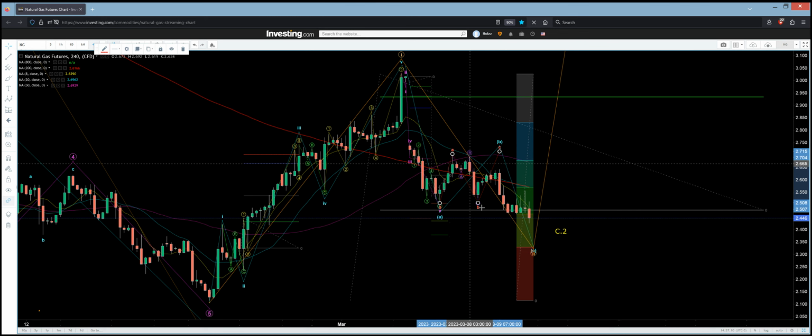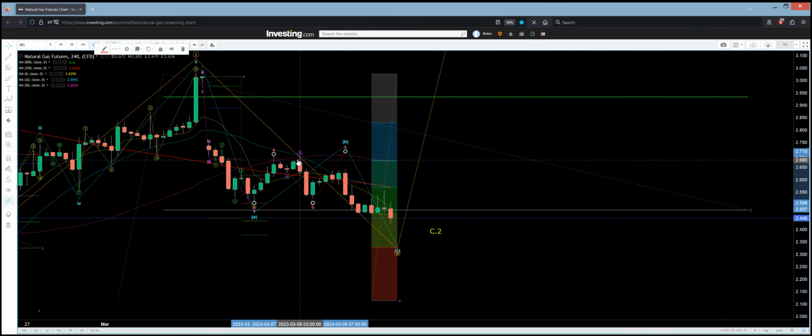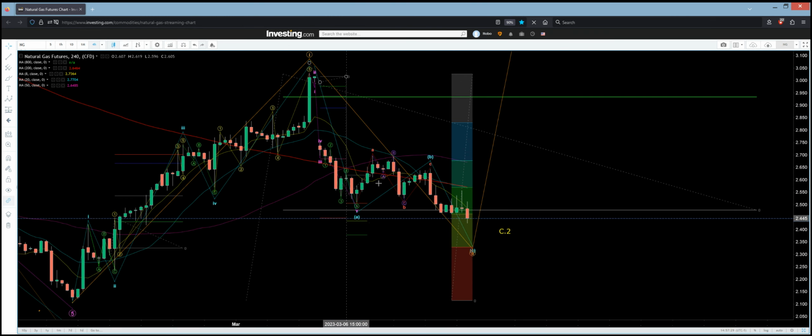So B, A, B, C in here, denoted in the purple right here, B and then C. But in this case, it was more of a wedge type of correction. It looks like a formation, which had terminated here.